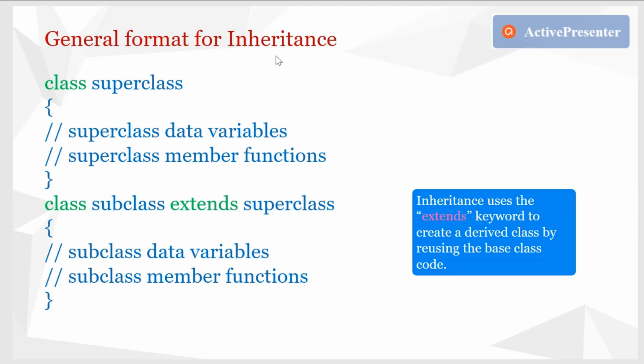General format for inheritance: class superclass, superclass data variables, superclass member functions go here; class subclass extends superclass. Extends superclass means it inherits the properties and methods of the superclass. Also, it contains subclass data variables and subclass member functions. We use the keyword extends here.